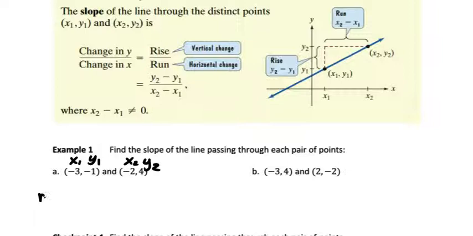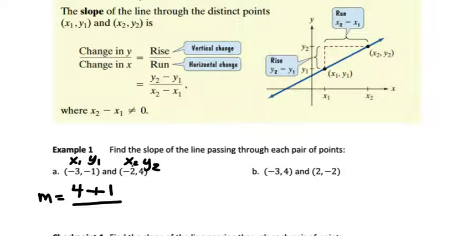So when I calculate the slope, I'm going to plug in 4 for y2, and I'm going to plug in -1 for y1. Now it's important to notice that there's a subtraction sign in the slope formula. So if you're subtracting a negative number, that's minus -1, and that's going to change to plus.